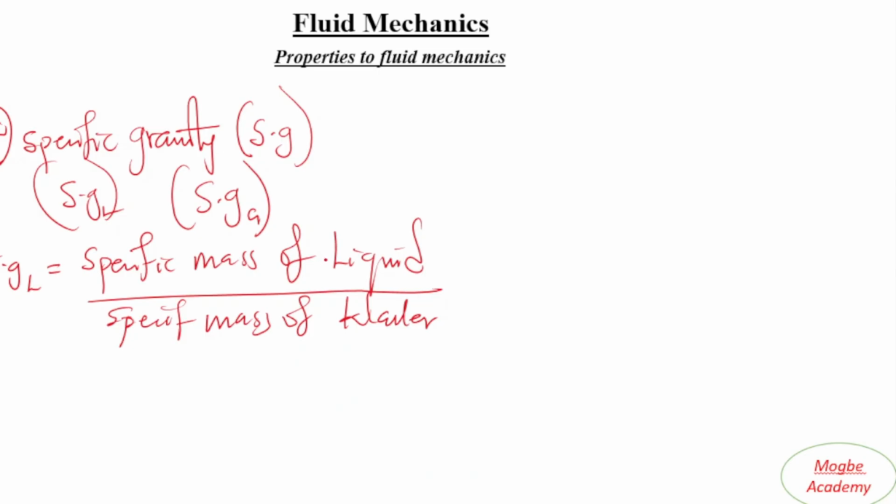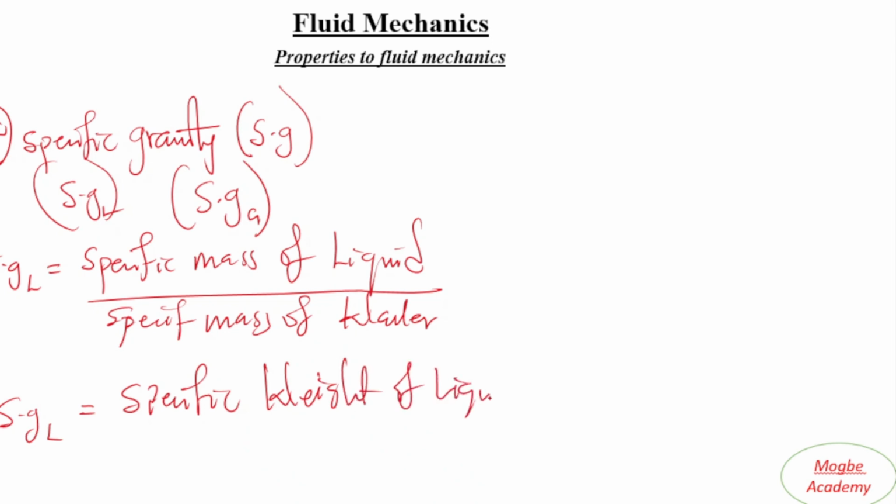This is the first form of how to calculate the specific gravity of a liquid. What if you are given the weight of the liquid? How do you calculate the specific gravity of a particular liquid? You apply the formula: specific weight of the liquid divided by the specific weight of water.